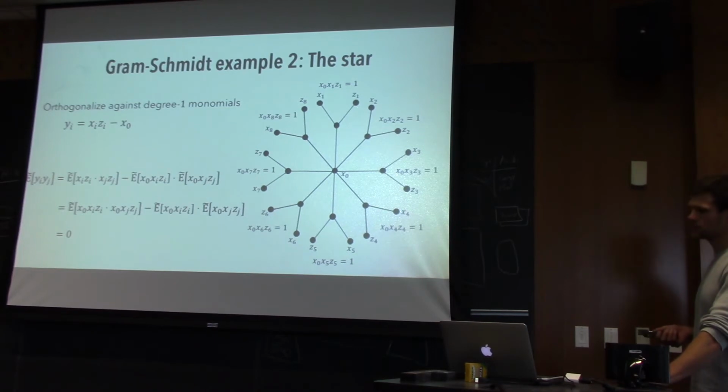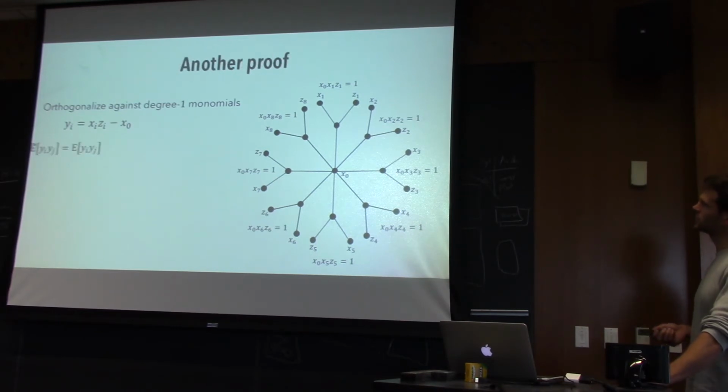Now to show the intuition that we're going to need, I'm going to do a slightly different kind of proof of this simple calculation. So again, you want to see what this dot product is. And you can write this expectation as the expectation over the conditional expectation given x0.